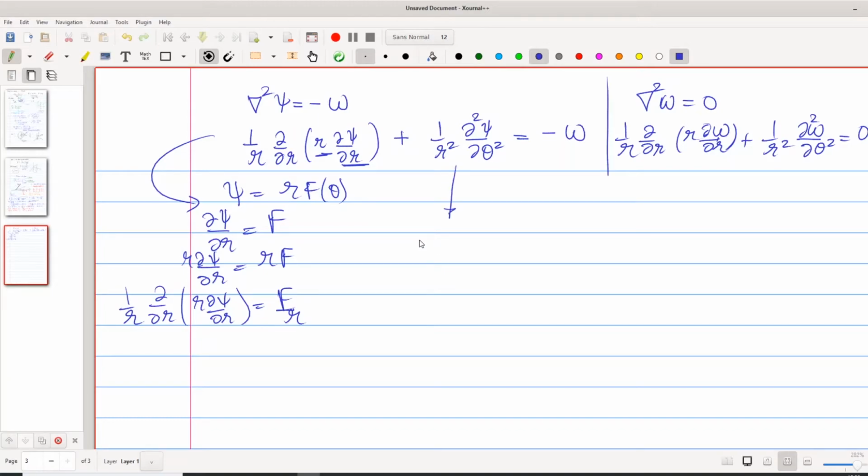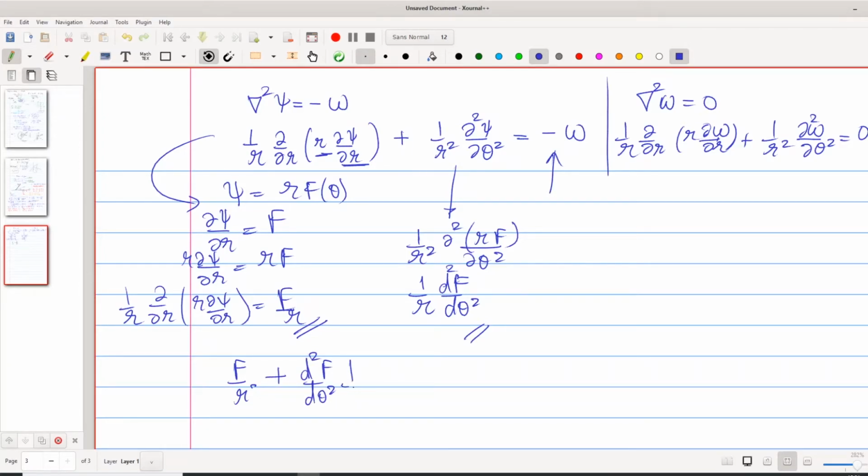What about this term? This term will be 1 by r square del 2 psi/del theta 2. So del 2 of f times r with respect to theta 2. So r comes out because this is a derivative in theta. So this simply becomes 1 by r d2f/d theta 2. If we combine this term and this term in this particular equation, we obtain f by r plus d2f/d theta 2 times 1 by r is equal to minus omega.